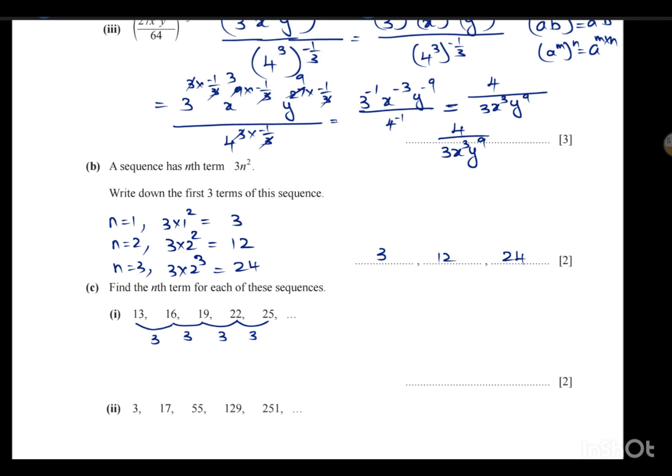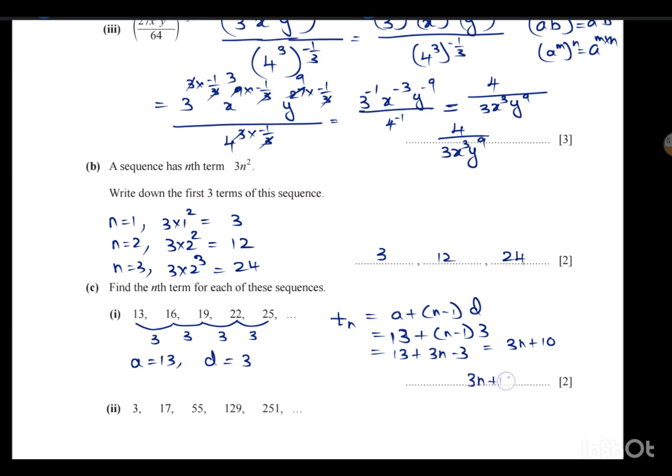Because the difference is the same between each term, you can use the arithmetic progression, that is a is equal to 13, and the difference is d, and use the nth term rule, which is a plus n minus 1 into d, that is 13 plus n minus 1 into 3, equal to 13 plus 3n minus 3, that is equal to 3n plus 10. So the nth term is 3n plus 10. 13 minus 3 is 10, so we can just write that.